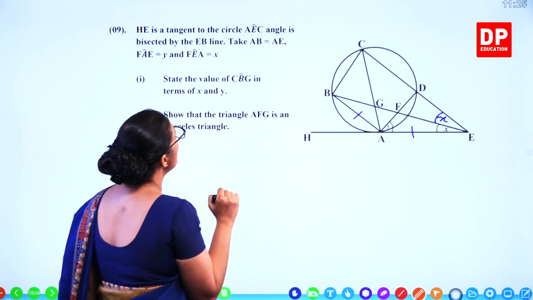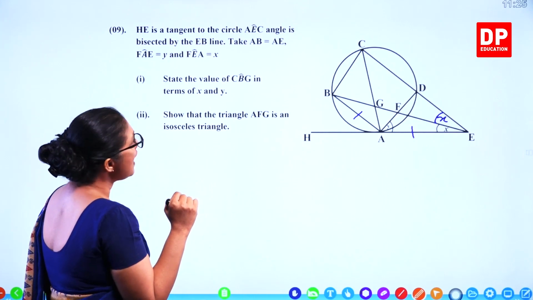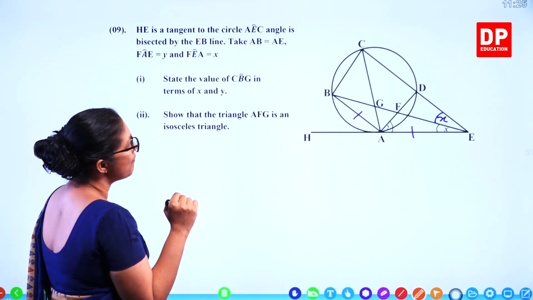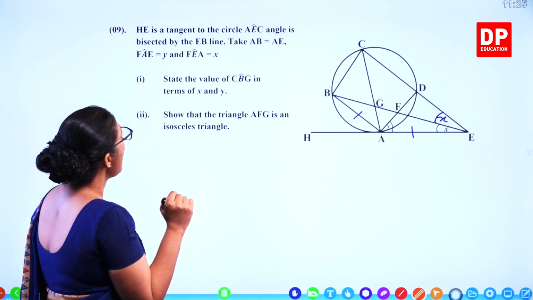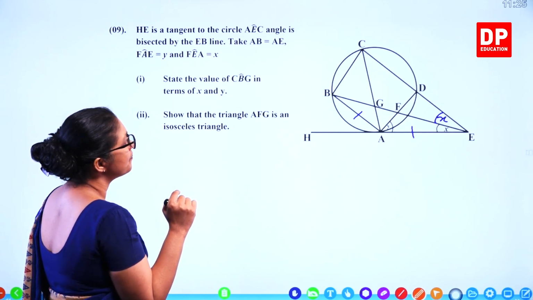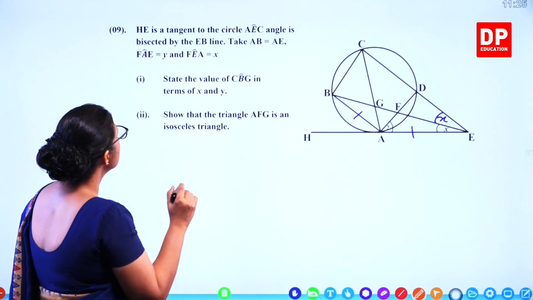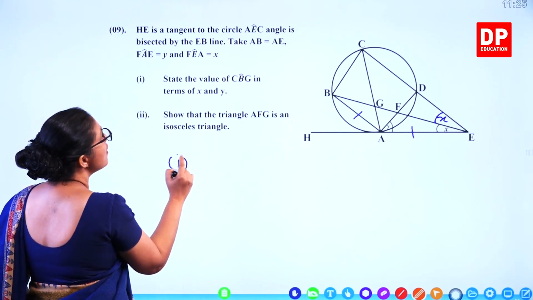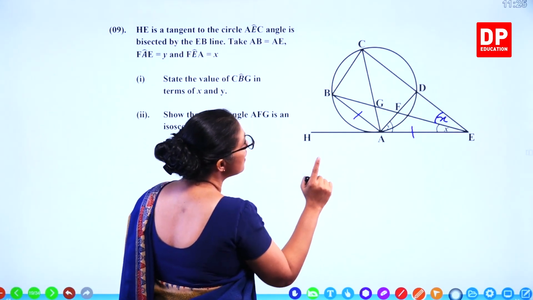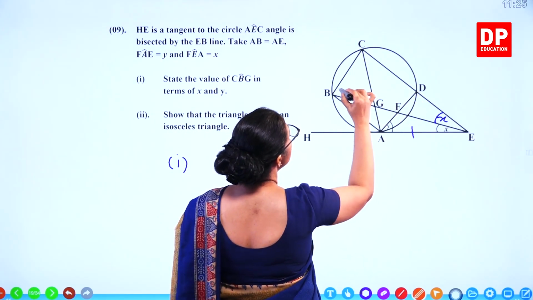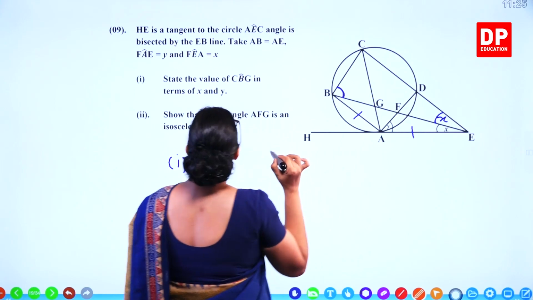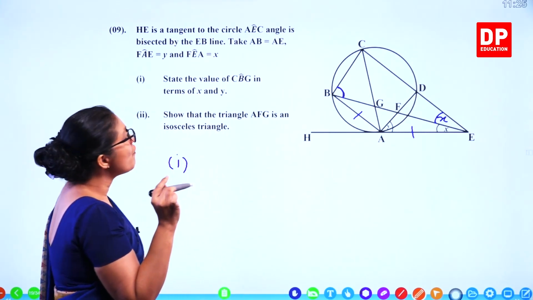These two lengths are equal. If AE is y value and FEA is x, state the value of CBG, this angle, in terms of x and y.